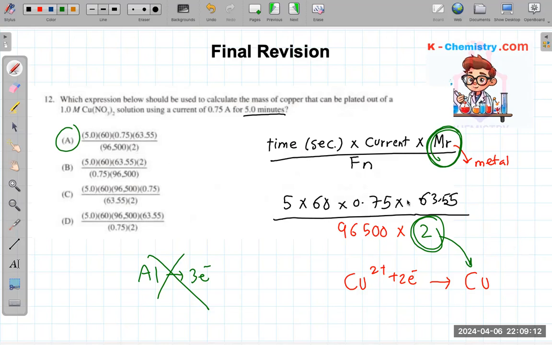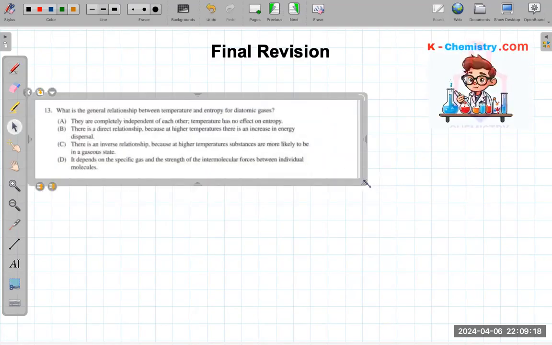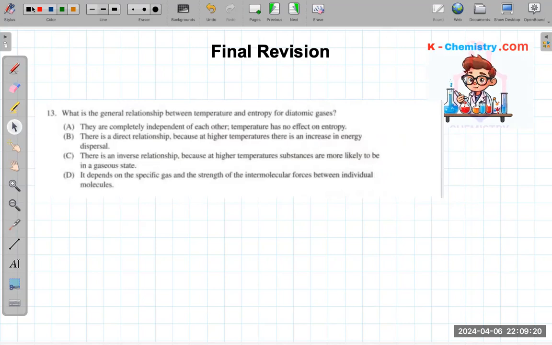What is the general relationship between temperature and entropy for diatomic gases? Does the temperature affect the entropy for diatomic gases? They are completely independent of each other. Temperature has no effect. There is a direct relationship because at higher temperature there is an increase in energy dispersal. There is an inverse relationship because at higher temperature it is more likely to be in a gaseous state.